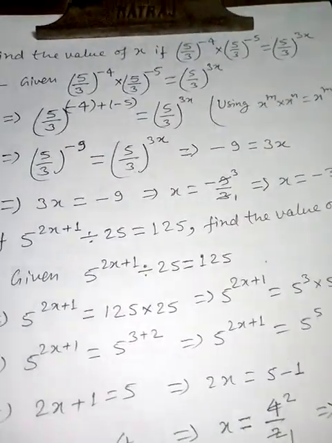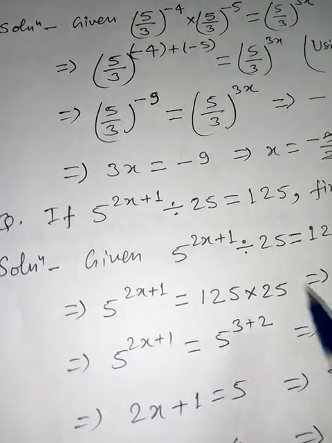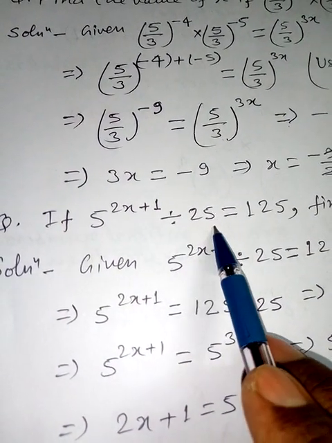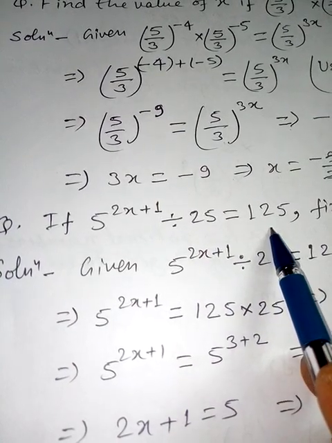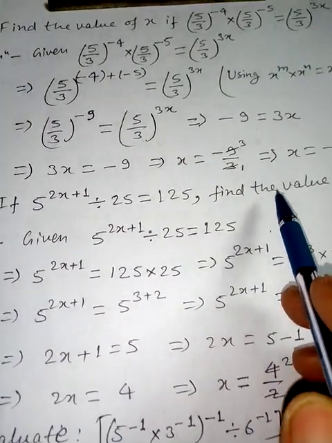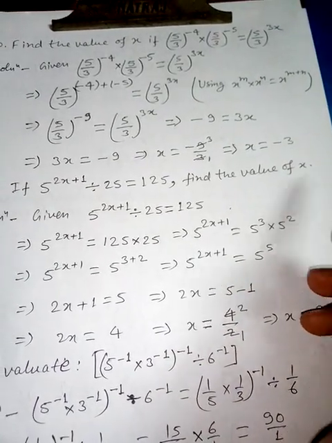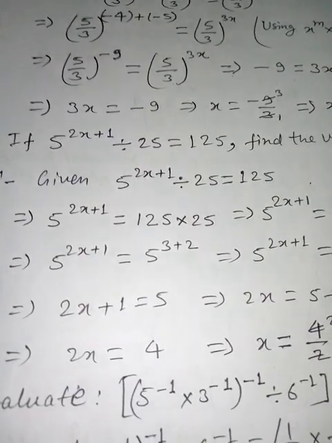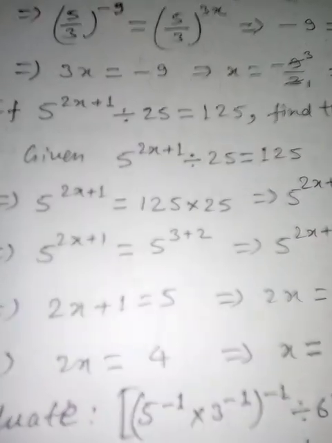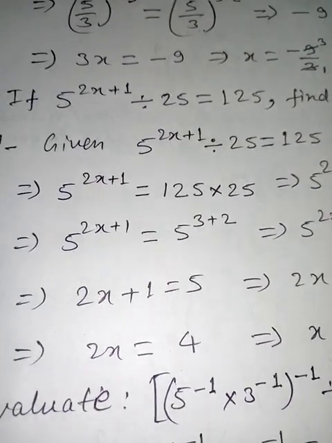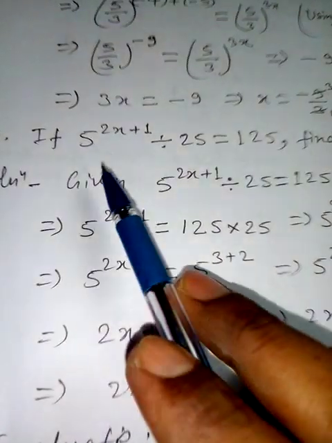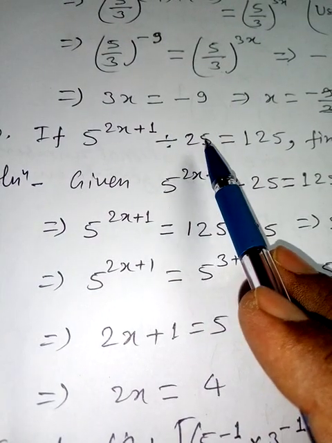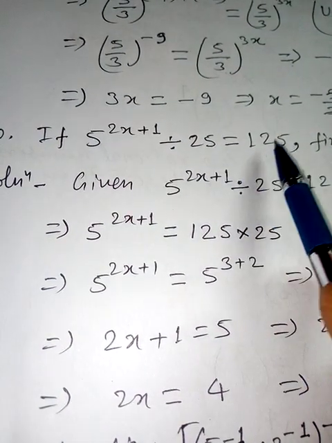Now the next example: if 5^(2x+1) divided by 25 equals 125, you have to find out the value of x. Okay, here we have to make the powers the same. 5^(2x+1) divided by 25 equals 125 is given.